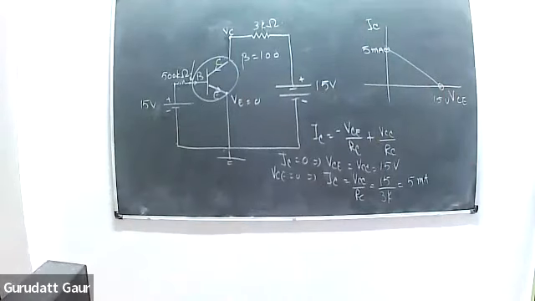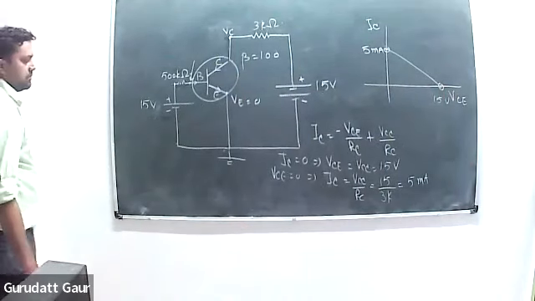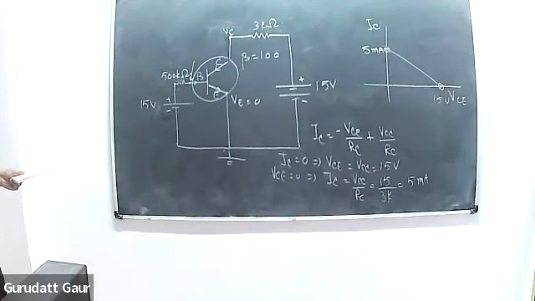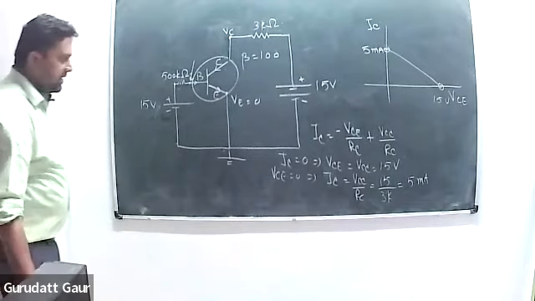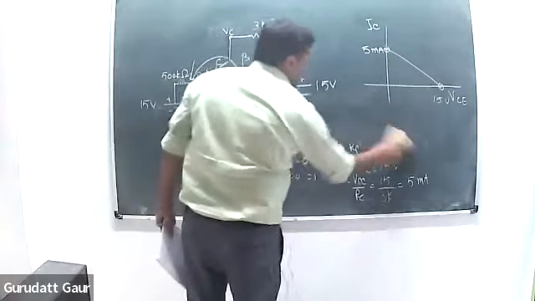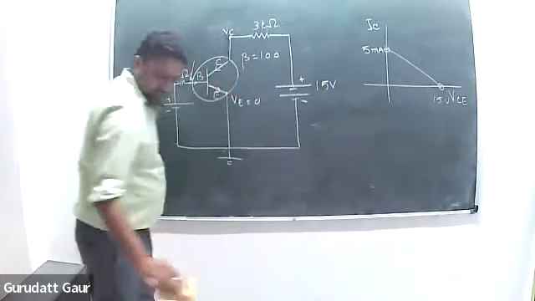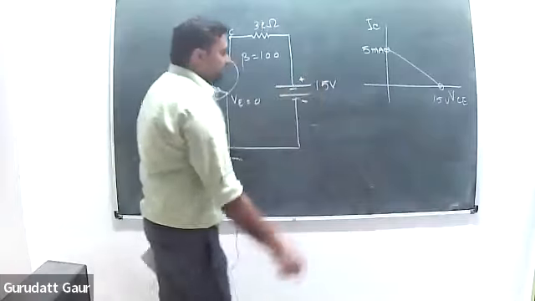And your Q point will be somewhere on this load line. Q point is also known as the operating point. How to find the Q point? So we can calculate the VCE. This is how you can vary VCE from 0 to this.